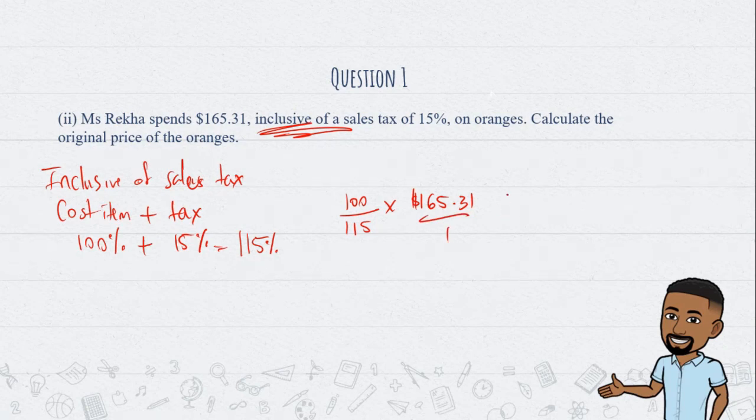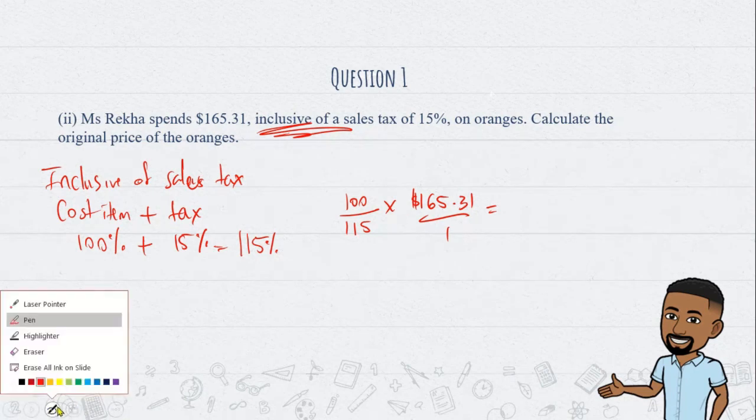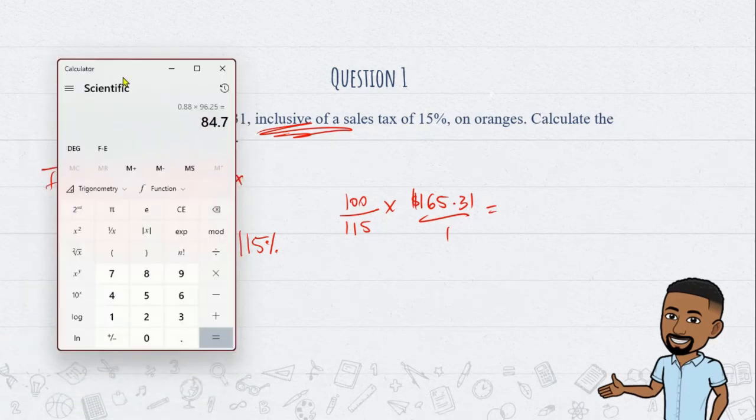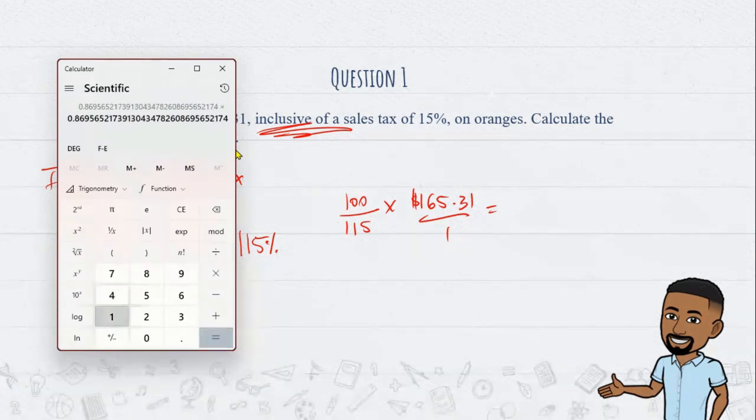Alright, so now I can use my calculator to complete this question. So it's 100 divided by 115 multiplied by 165.31.